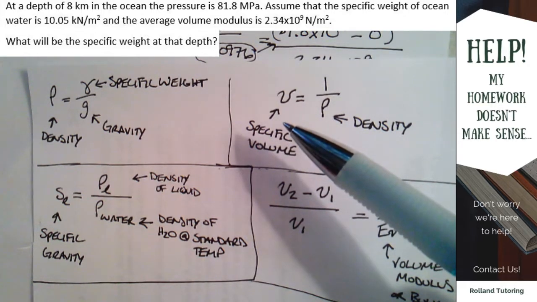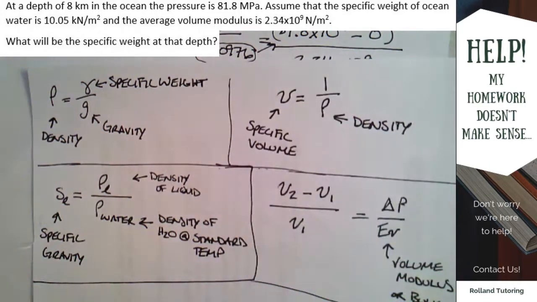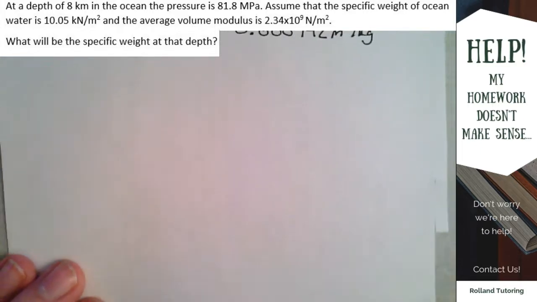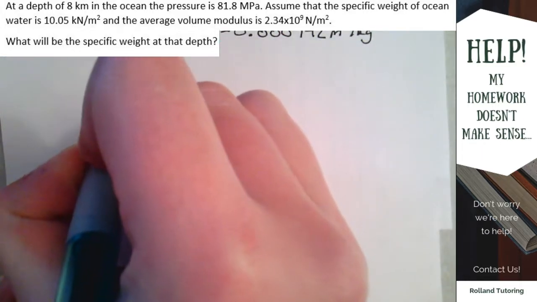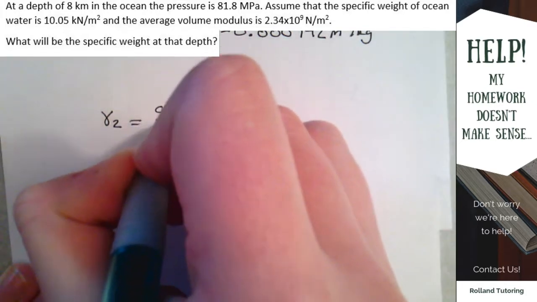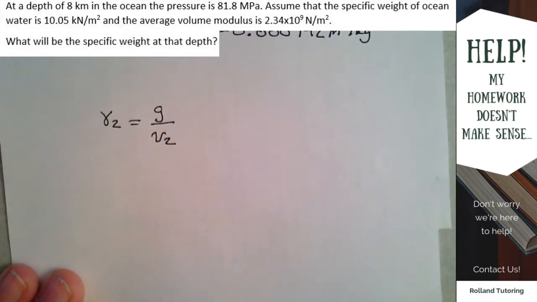So we will do a combination of these two equations to come up with the equation of our specific weight at our second point equals gravity over volume 2. Like I said, that is a combination of that density equation and the volume equation.